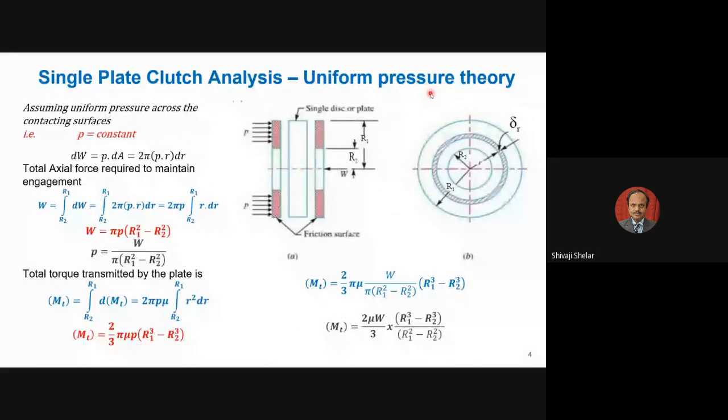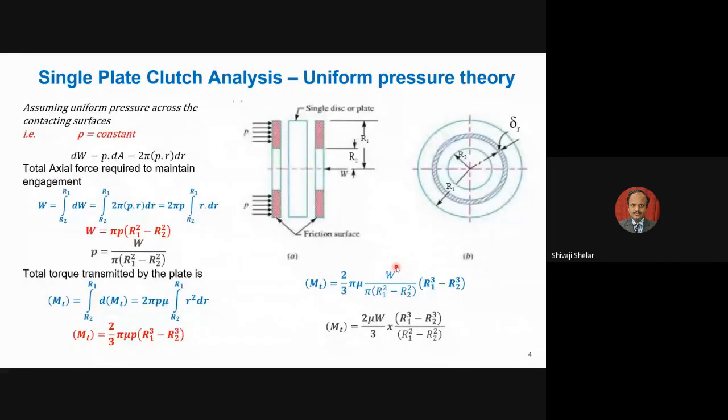Now there are so many objective questions. You have already written one test on objective questions. In these, you will be given a condition and many formulae, and asked to select the appropriate value of torque transmitted by a single clutch plate or cone clutch based on the uniform pressure theory.